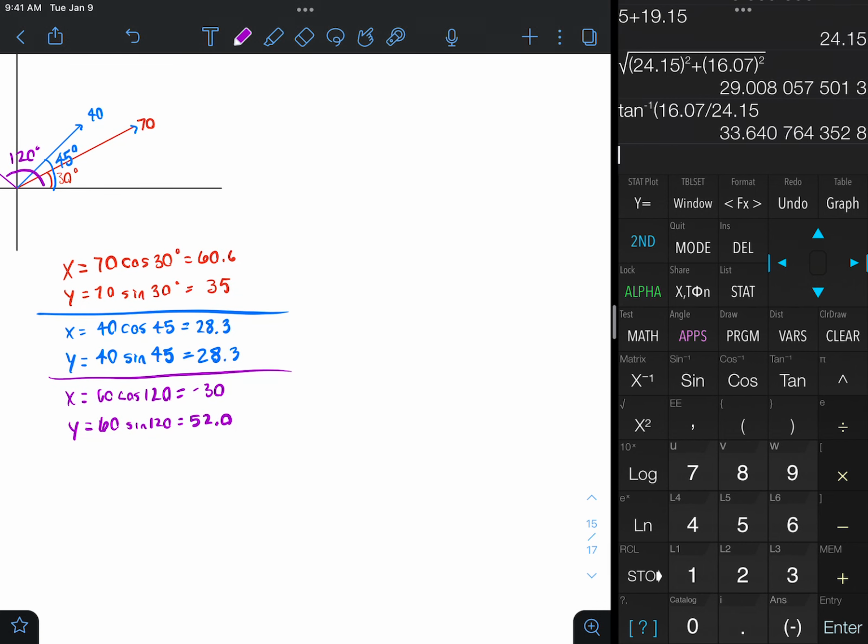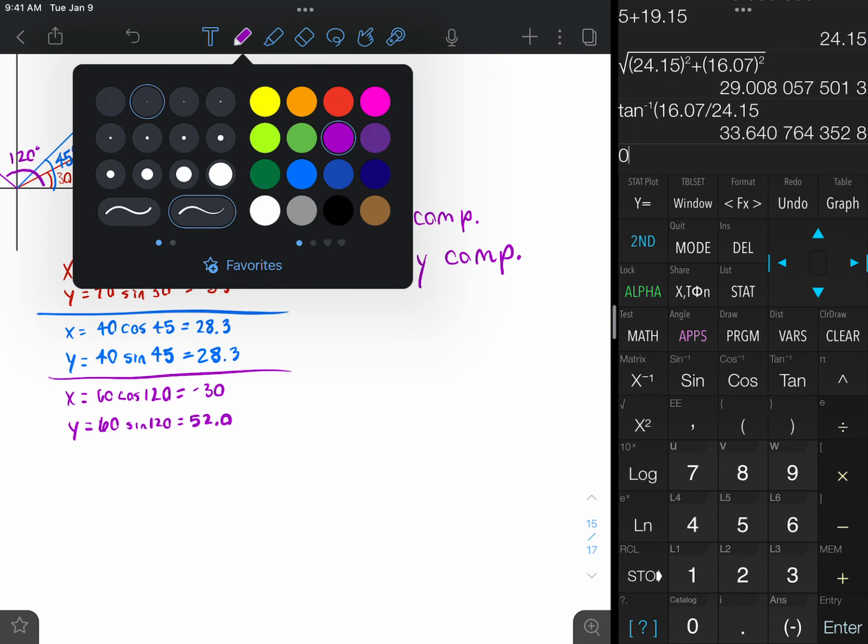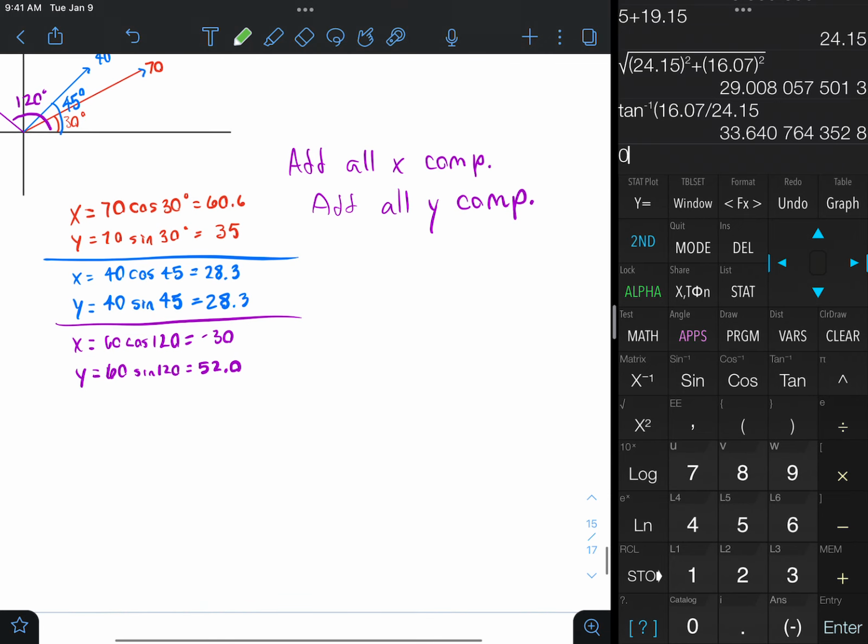So once you get all of your x's, you're basically going to add all x components, and then after that, add all the y components. That'll get you your resultant horizontal and vertical components.